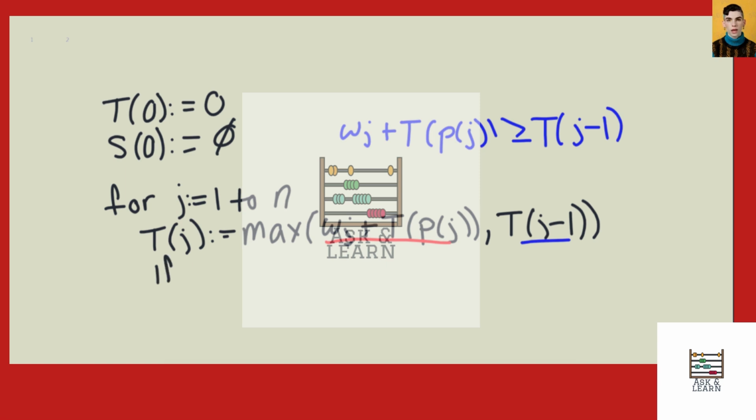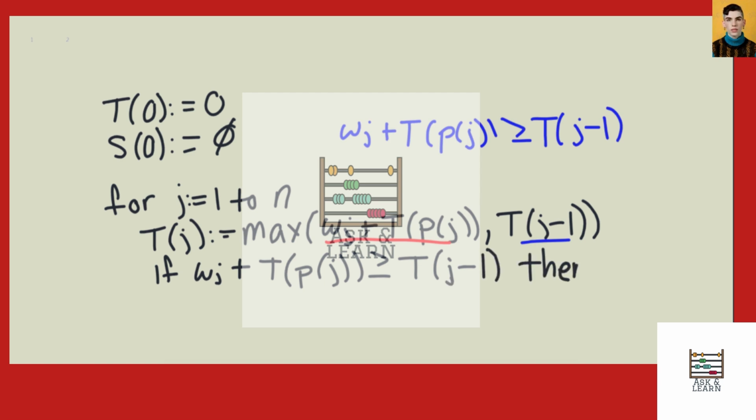And so if the value where we include Talk J is greater than if we don't include this talk, then we will set S of J equal to S of Pj with J, right?